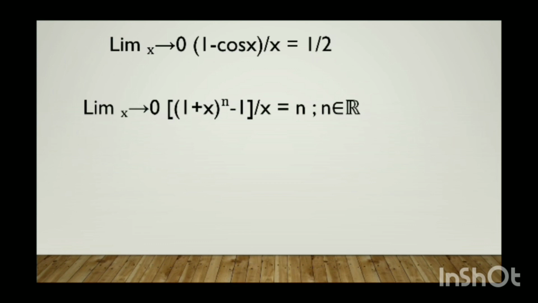But for this to happen, n must be a real number. Also, the limit as x tends to 0 from above of x to the power a times ln x to the power b is equal to 0. And for this to happen, a and b must be positive numbers.